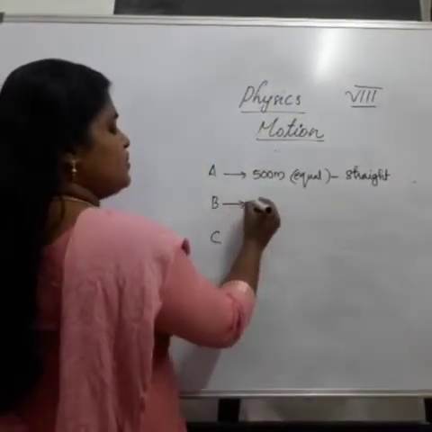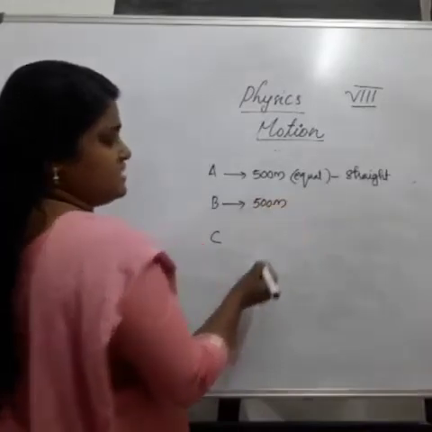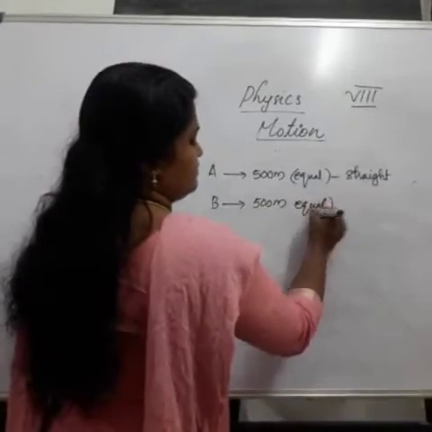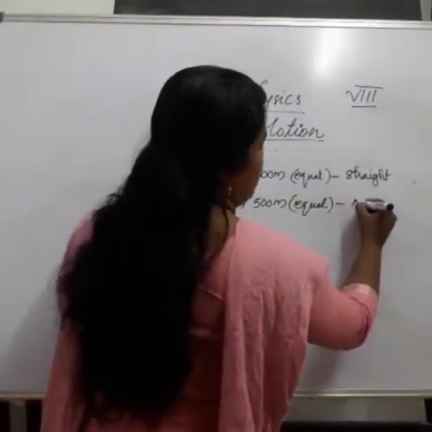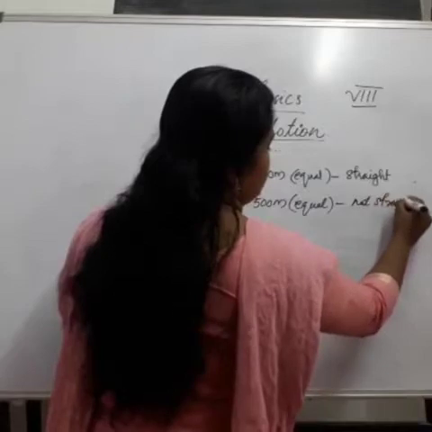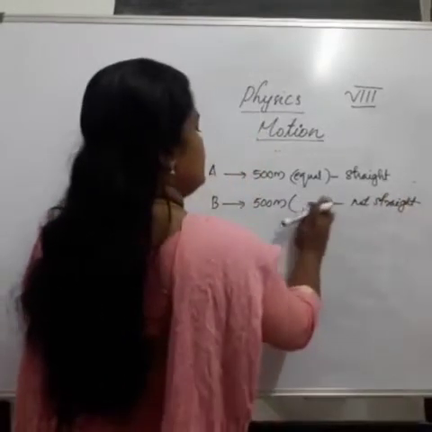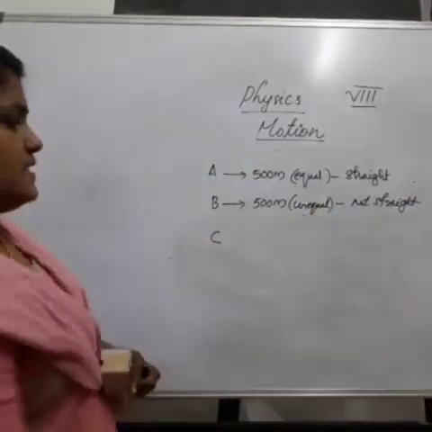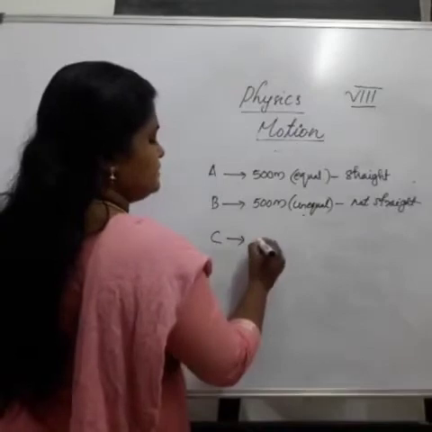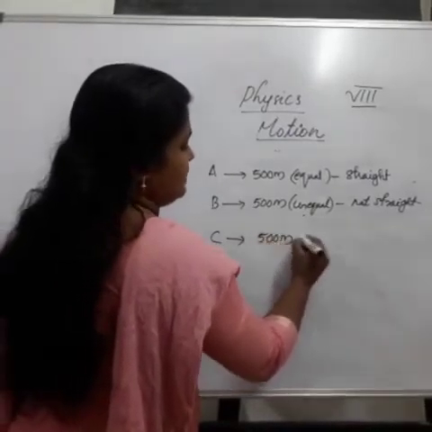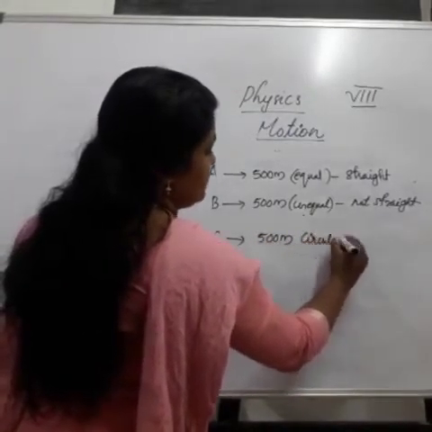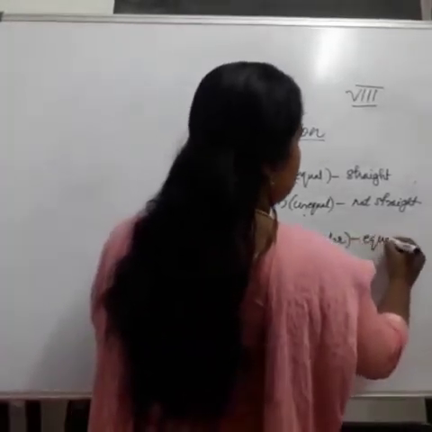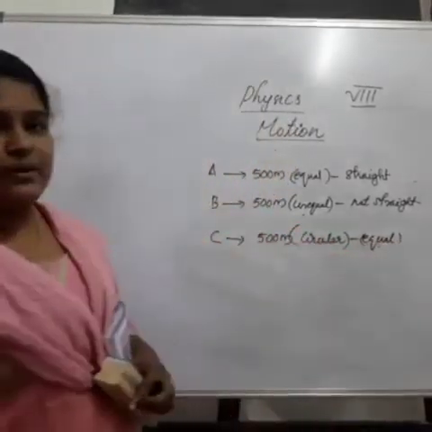The car B also travels 500 meter, but not in a straight path, and it covers unequal distance. Then the next one covers 500 meter in a circular path, but it covers equal distance at equal intervals of time.